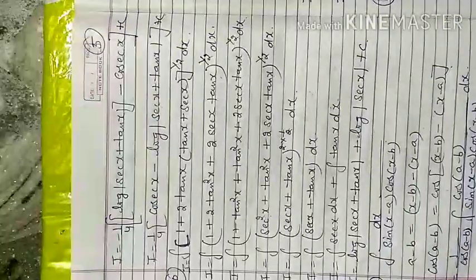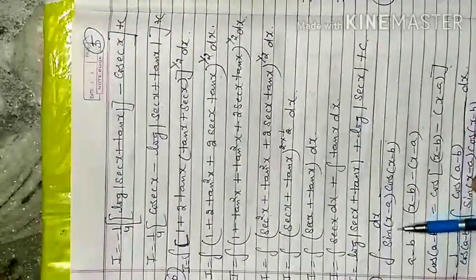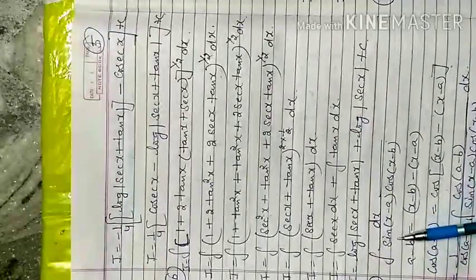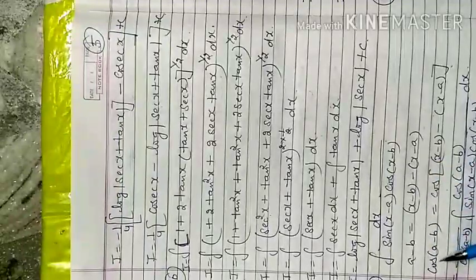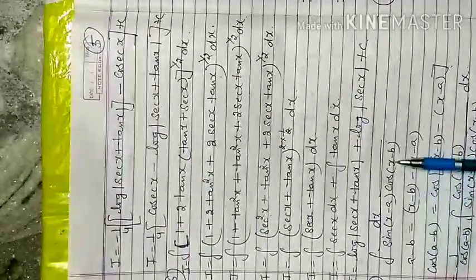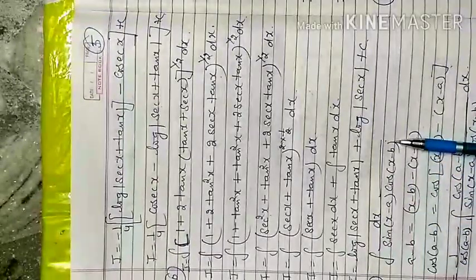Next is your 11th question. In the denominator, remember one thing: if there is no term in the numerator, and the denominator is a combination of sine and cos, we always take cos a minus b. But if both terms are sin x, or both terms are cos x, you can always take sin a minus b.